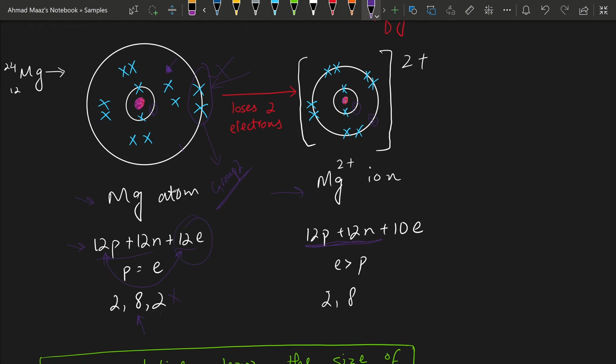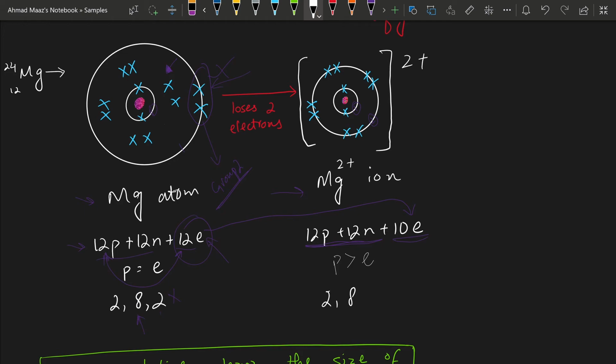Number of electrons is reduced from 12 to 10. There were 12 electrons, now there are 10 electrons. The number of protons is now more than the number of electrons.